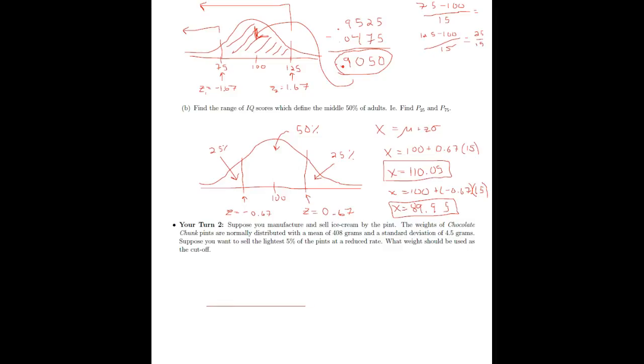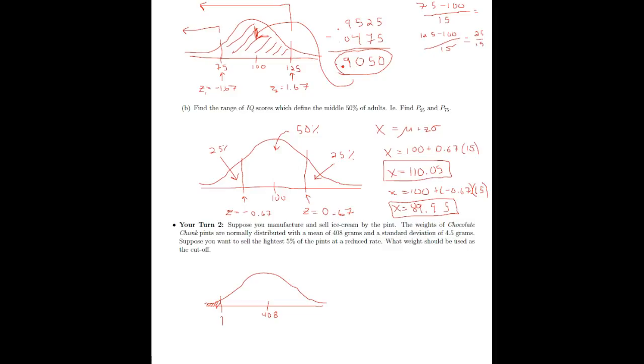So what weight should you use as the cutoff to determine which ice cream pints get sold at the reduced rate? Let's start by drawing our curve, and we're going to put our mean in the middle here, which is 408. We want to sell the lightest 5% of these pints at a reduced rate. So the lightest 5% are going to be somewhere over here. That would represent the lightest 5%.